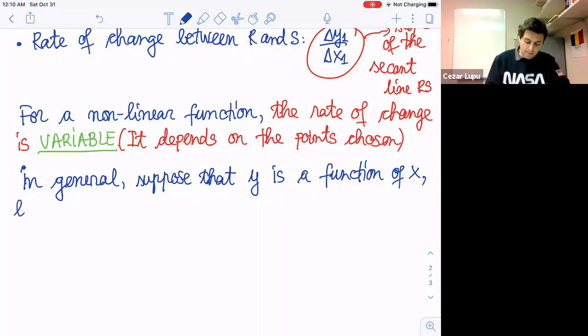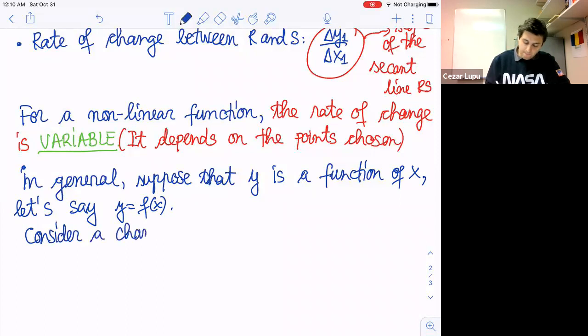Let's say y equals f of x, right? And now we consider a change from x to x plus delta x.